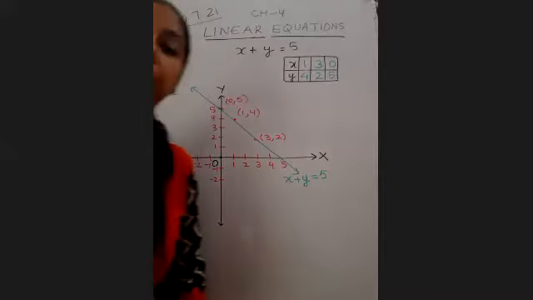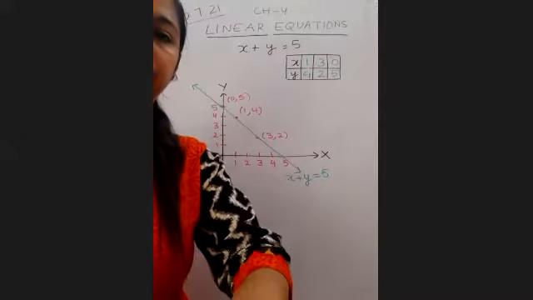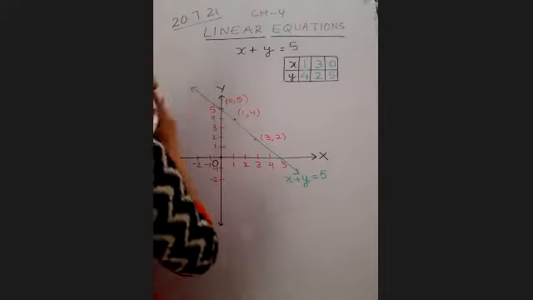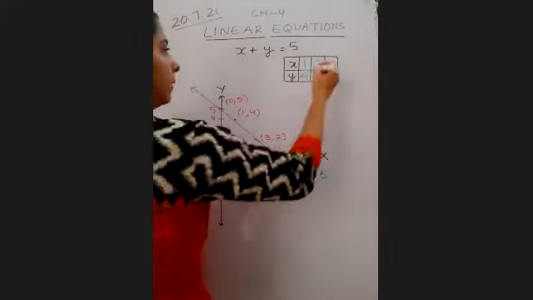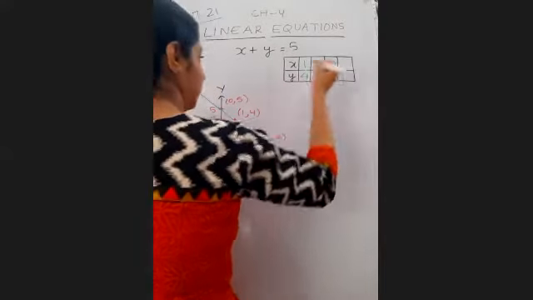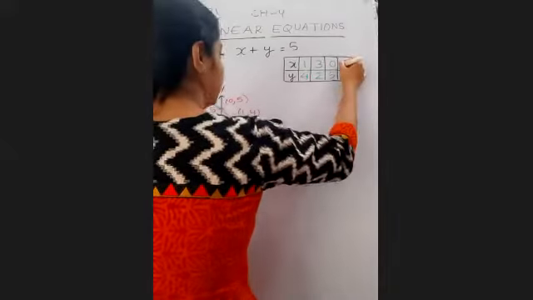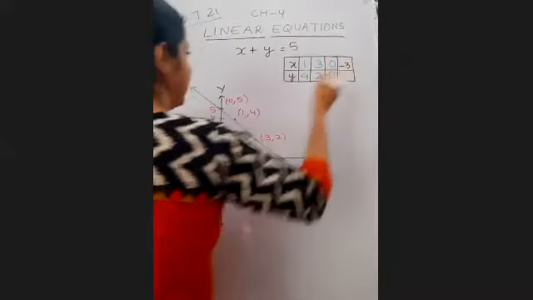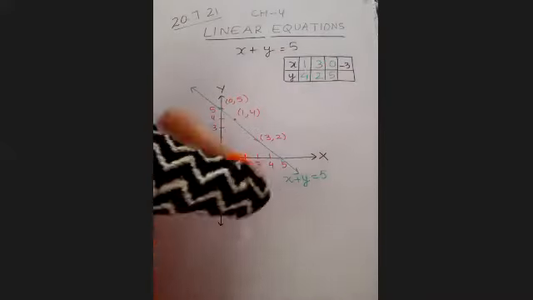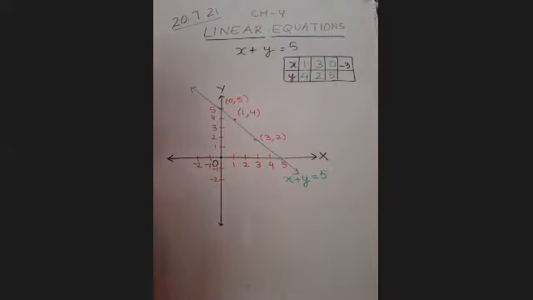Ma'am, if we took negative digits, then also? Let us try it out. Let's see which one you want to take. Ma'am, minus 3 and minus 2. Okay, I have taken x as -3. Now, if I take x as -3, what should we find?